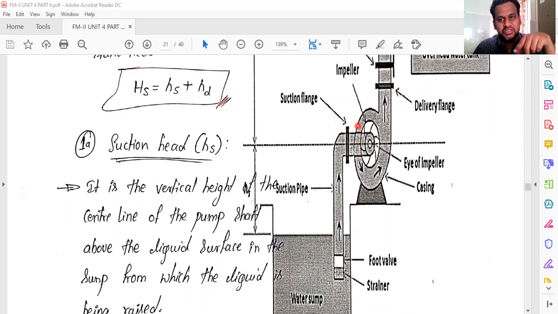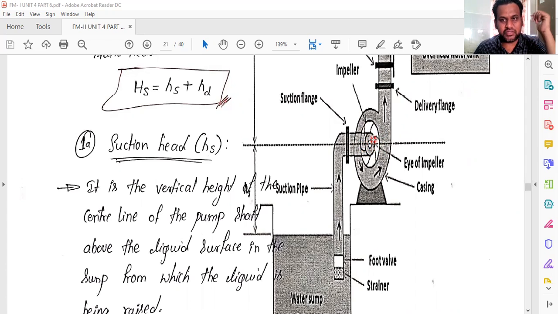Once the impeller starts rotating with high velocity, the center portion of the impeller creates a negative pressure. Before that, air will be there. As the impeller starts rotating, the air also starts rotating, and centrifugal force is created.